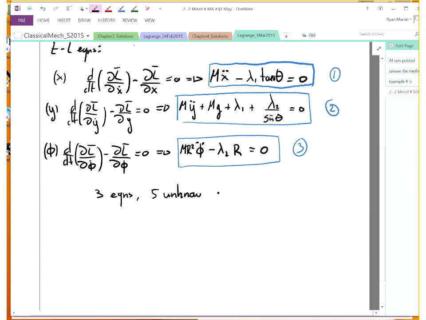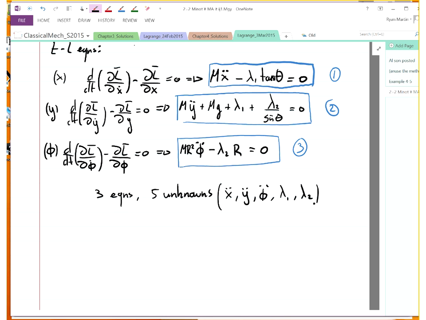At this point, we have 3 equations with 5 unknowns: x double dot, y double dot, phi double dot, lambda 1, and lambda 2. Remember, we want equations for x double dot, y double dot, and phi double dot. If we can say x double dot equals this in terms of the other variables, then we're good. That's something we can give to our mathematician friends and they can solve it for us.